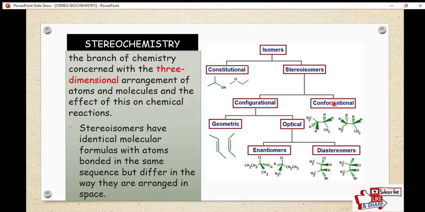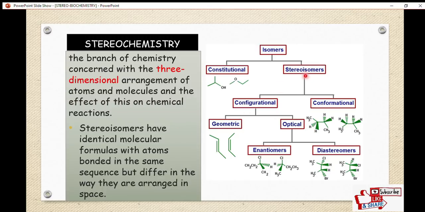Let's take an example. We have this figure here and this figure here. They all have the same molecular formula, but the arrangements in space differ from each other. That's basically what is meant by stereoisomers.